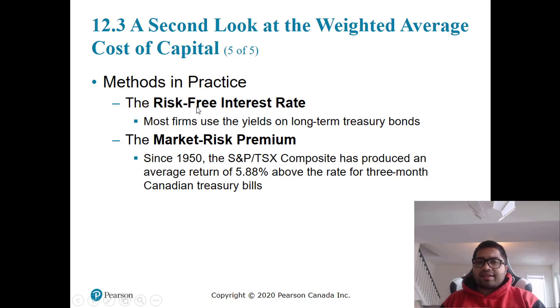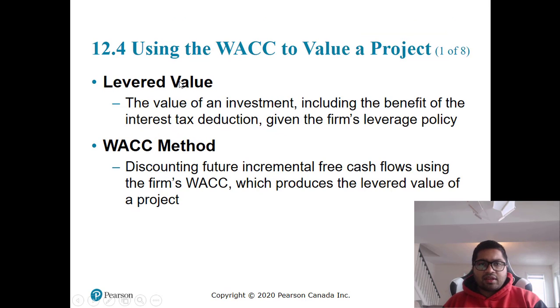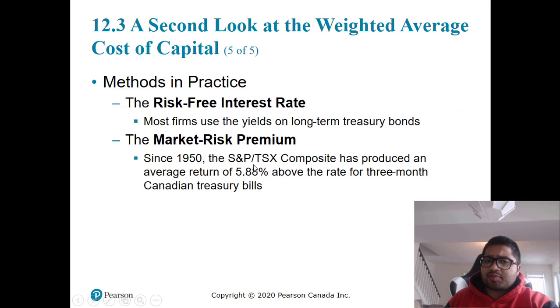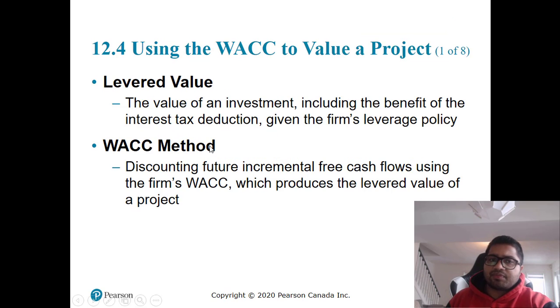So methods in practice: for the risk-free rate, most firms use yields on long-term treasury bonds instead of T-bills. For market risk premium, the TSX composite is used if you're considering Canadian stock, or the S&P 500 is used if you're considering American stocks. The value of market risk premium has been around 5.88% against the risk-free rate of T-bills.